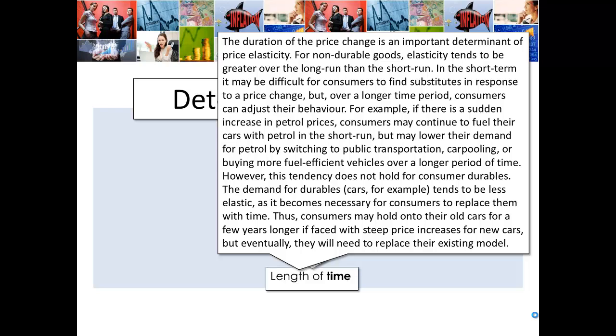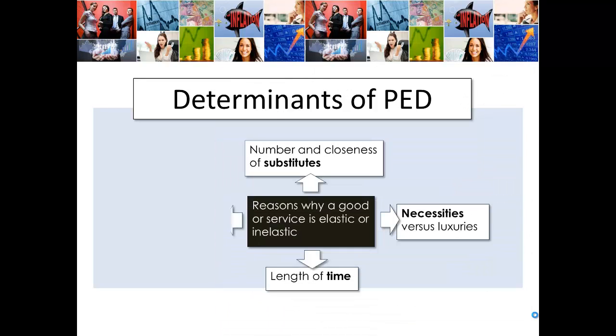Right. In the short term, price elasticity of demand is very inelastic, but the longer that time period becomes, the more chance there is for consumers to change their behaviour, change their purchasing, and the greater the elasticity of the demand curve becomes.